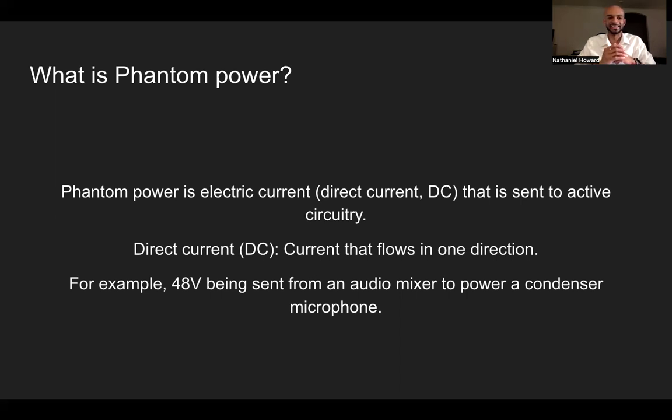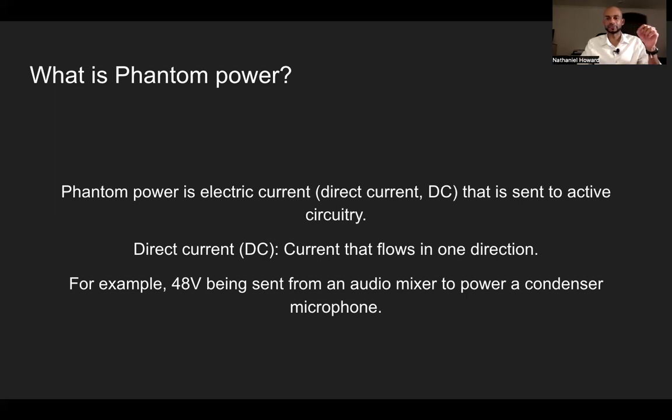I know that. So for example, 48 volts being sent from an audio mixer to power a condenser microphone. We're about to learn about condenser microphones today. There are microphones that need power sent to them for them to work.